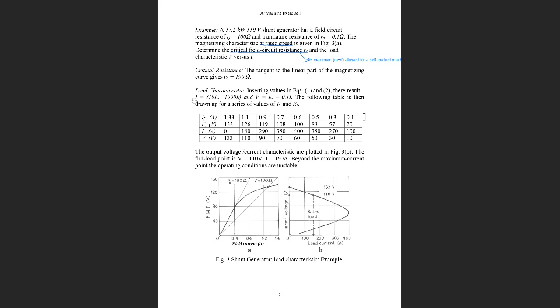Okay, so loading characteristics. In the above slide, we already have equation 1 and equation 2. Therefore, here we just bring the values into the above equations.